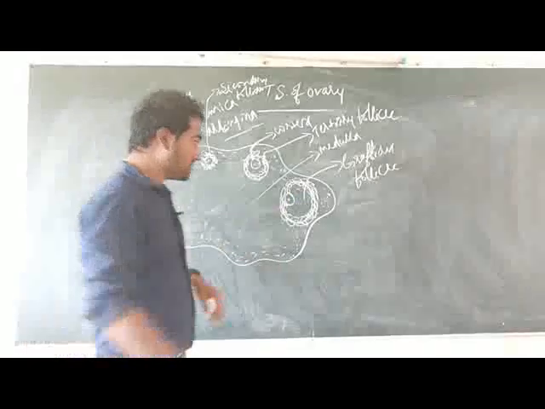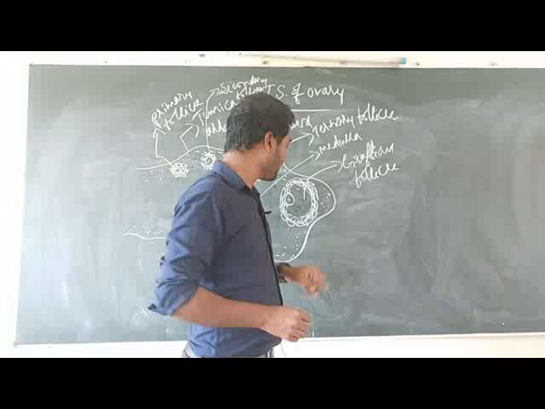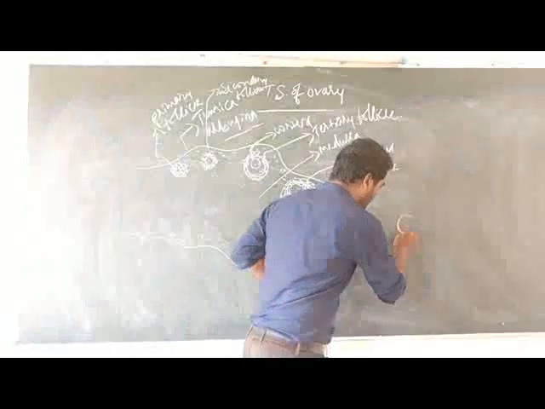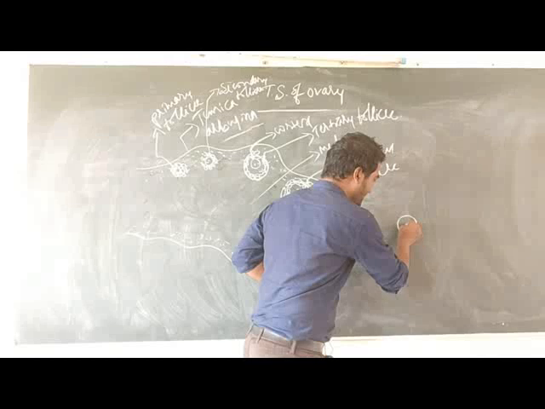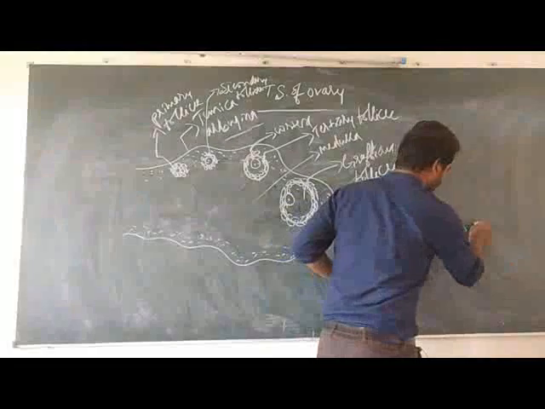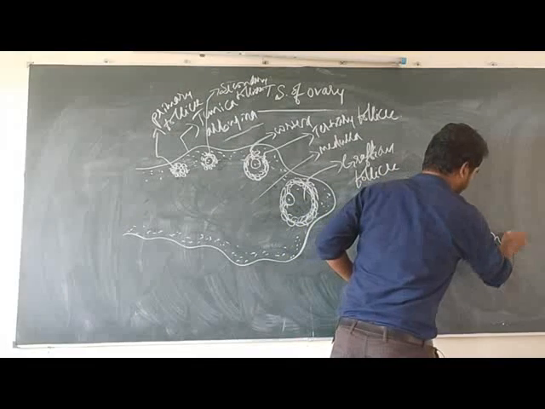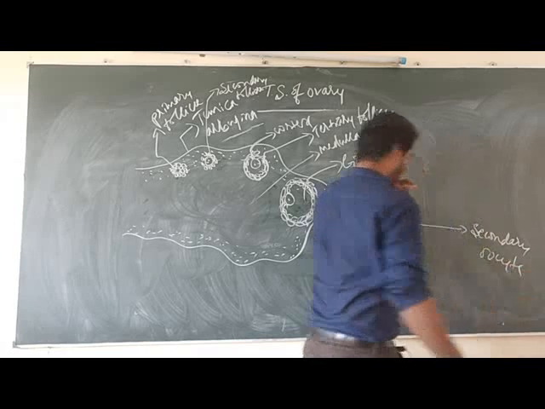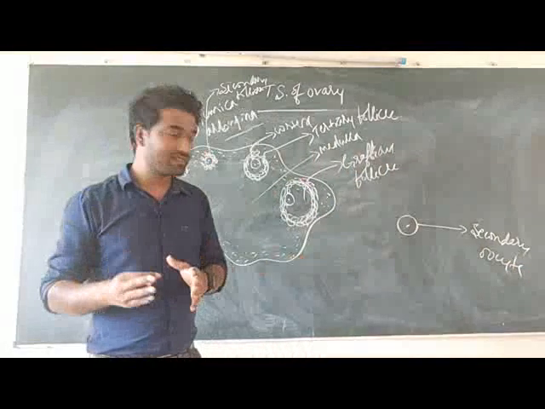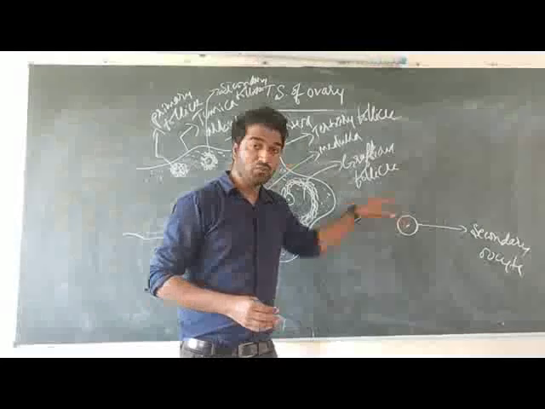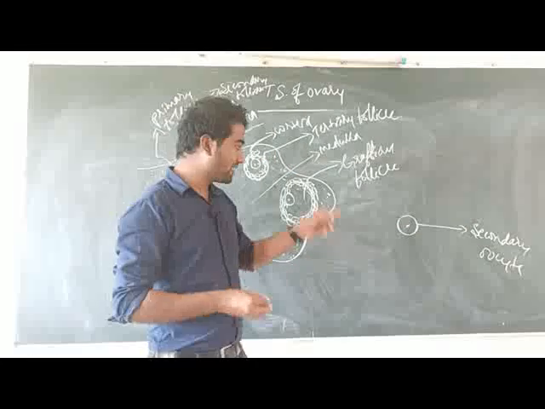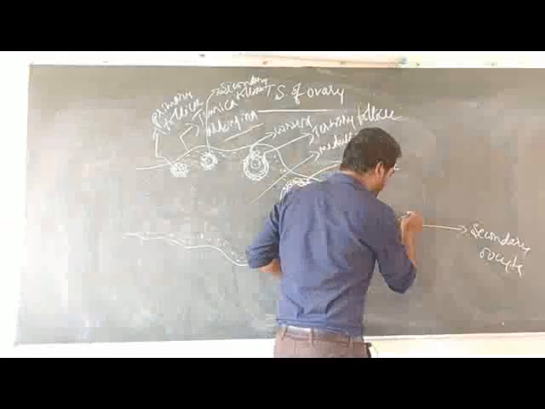And now this is the structure of matured Graafian follicle. It has one secondary oocyte. This is secondary oocyte. And for your NEET exam, around the secondary oocyte, two layers of cells are present. The first layer is known as zona pellucida.